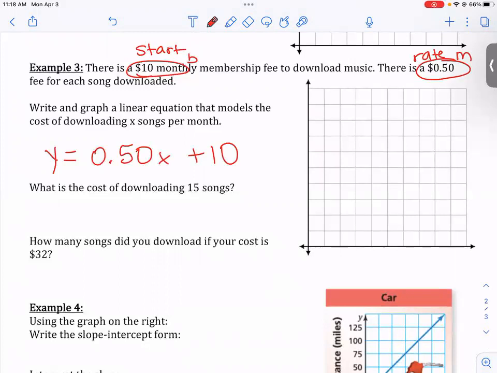Okay, now here is something. So let's describe our rate. This 50 cents is what? 50 cents per song. So here is our dollar amount per song.